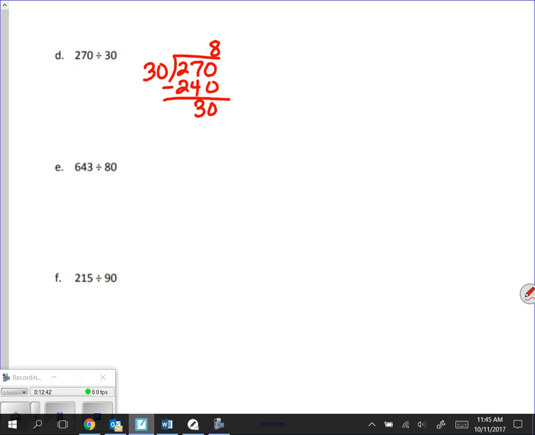Is there an issue? Does anyone see a teeny tiny problem? You could have gone up 1. See how many times it can go inside 270.